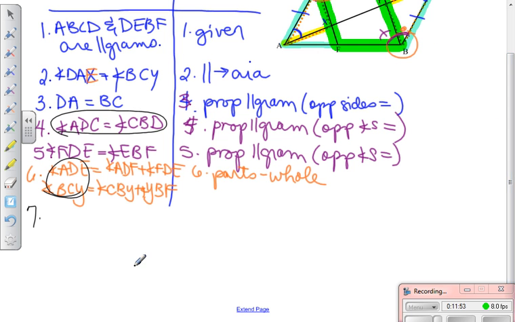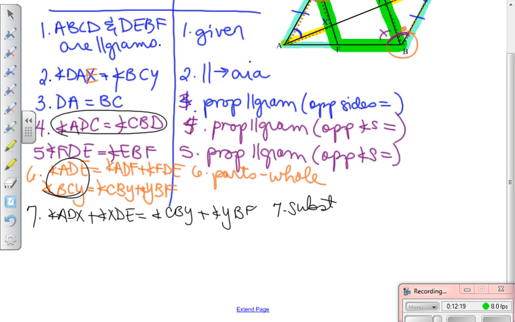And so what I'm going to do is then set the sums equal to each other, that I have angle ADX plus angle XDE is equal to angle CBY plus angle YBF. That is by substitution. Now I'm going to go ahead and replace from the other equal parts, the angles I already know are equal.